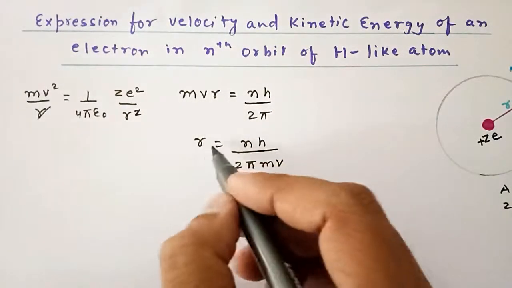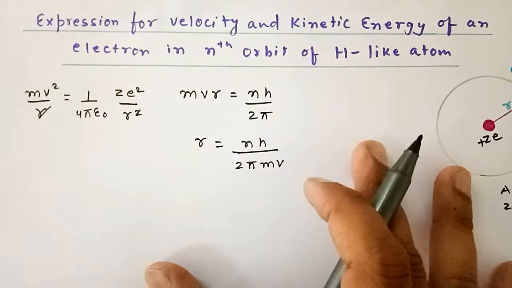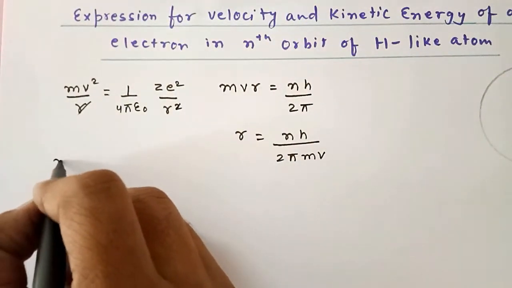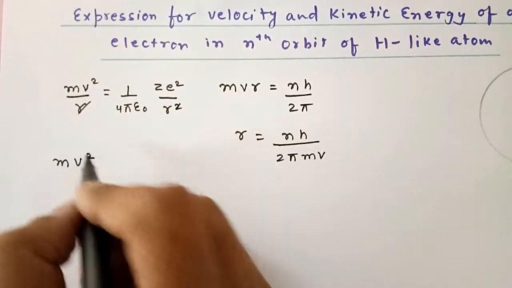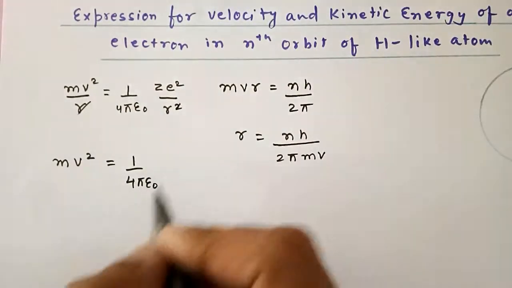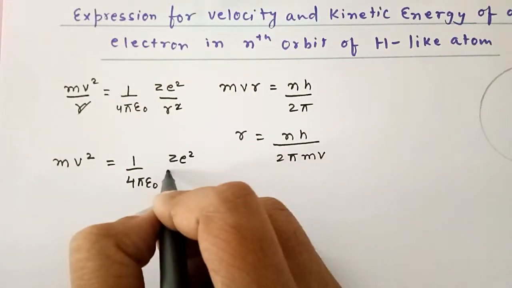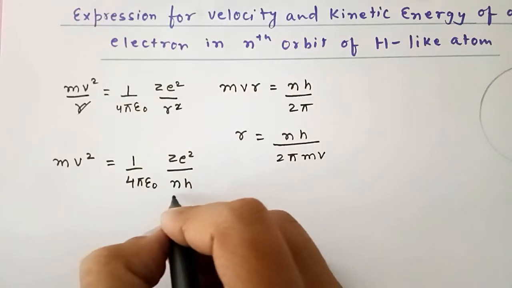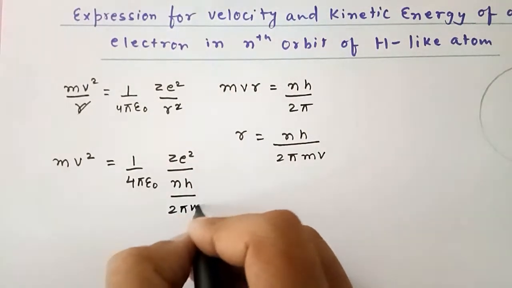Now this value of r I am going to substitute over here. So mv square is equal to 1 by 4 pi epsilon 0 Ze square upon nh upon 2 pi mv.